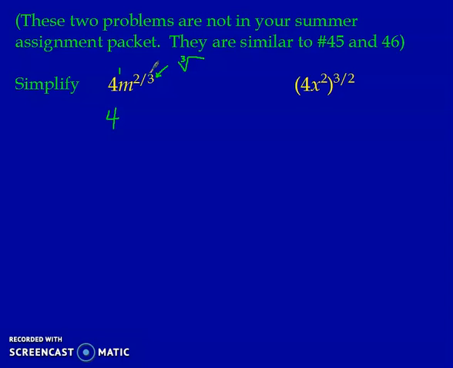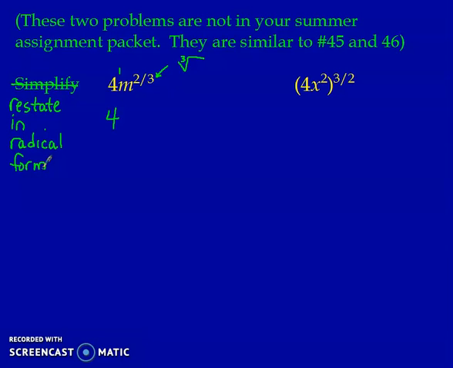So we can restate this in radical form. And that's the idea here, is to put this into radical form. Perhaps we should say restate or rewrite in radical form. That's a better description of what we're doing.